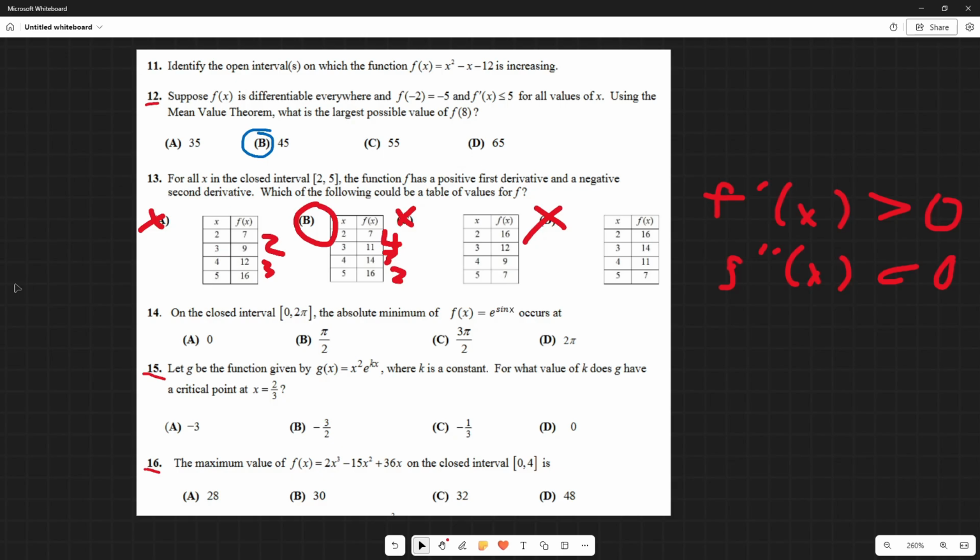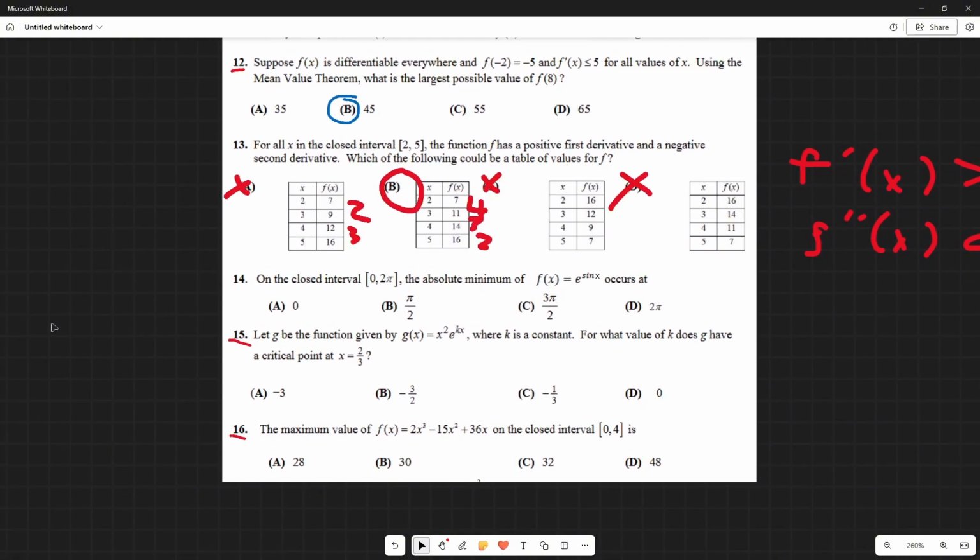Alright, moving on to 14. On the closed interval, the absolute minimum of f of x equals e to the sine x occurs at some value. So, to find our absolute minimum, what points do we need to check?